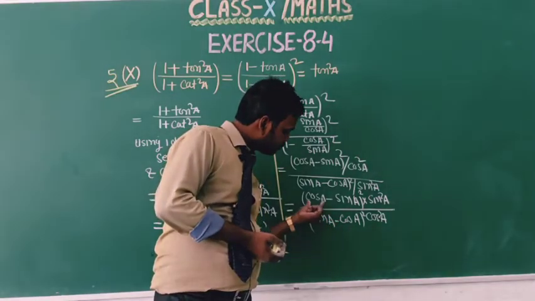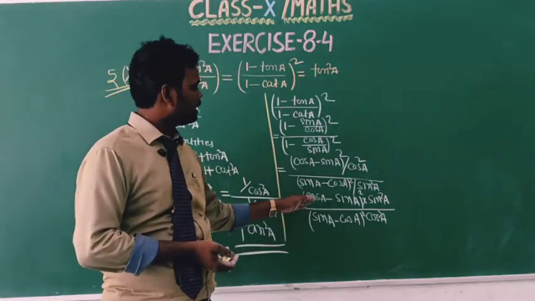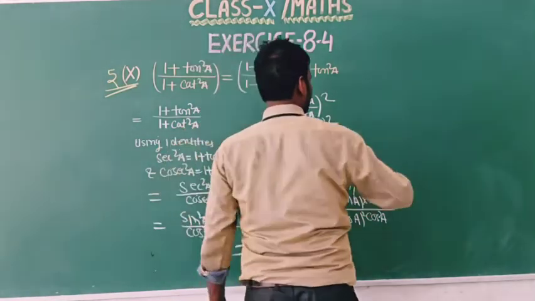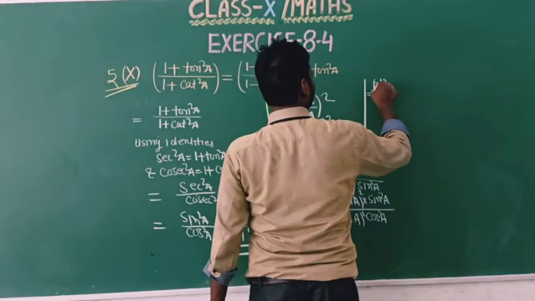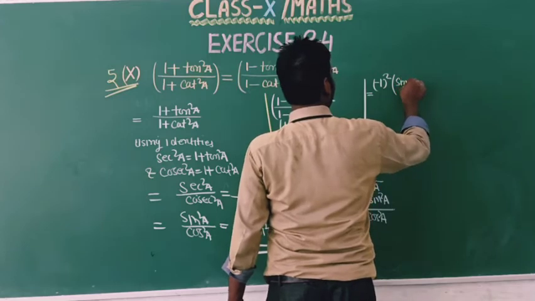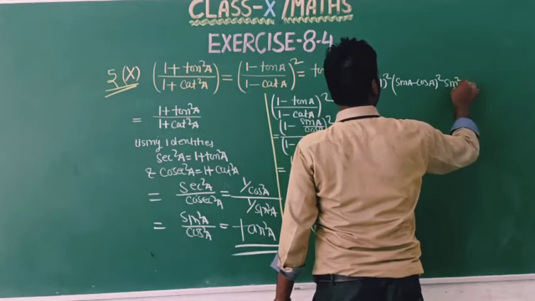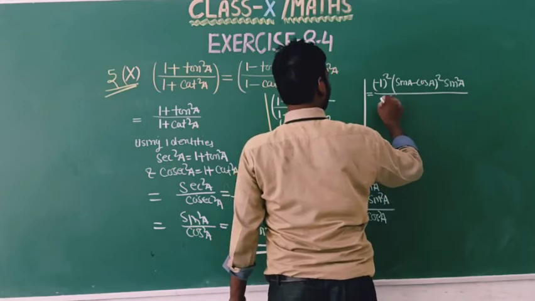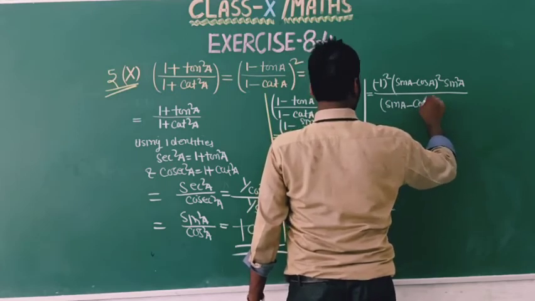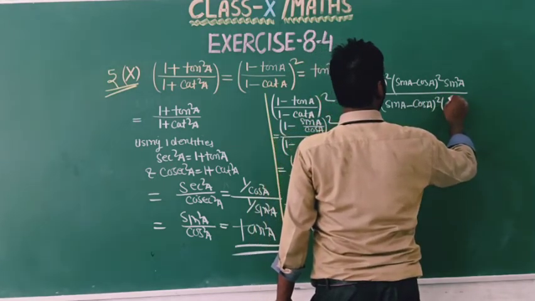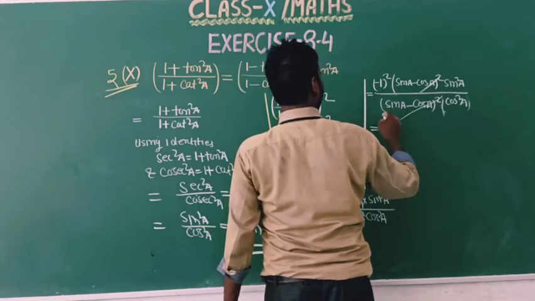Okay, so taking a negative as common, this becomes (sin A minus cos A) with minus 1 whole square, and this becomes (sin A minus cos A) whole square into sin square A by (sin A minus cos A) whole square upon cos square A. Okay, so here we can cancel out, and minus 1 whole square is 1.